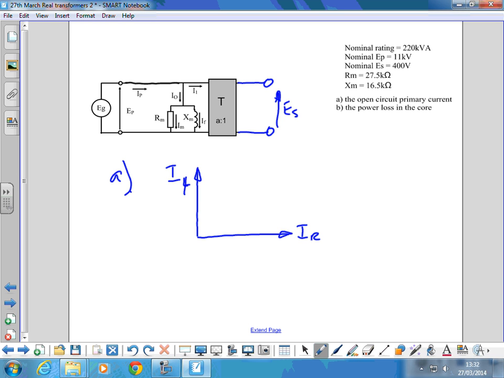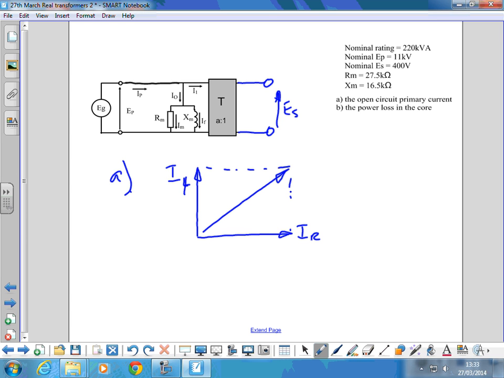IO is the phasor sum of those two. So if we can find this current and that current, we can use Pythagoras to find the total, can't we?